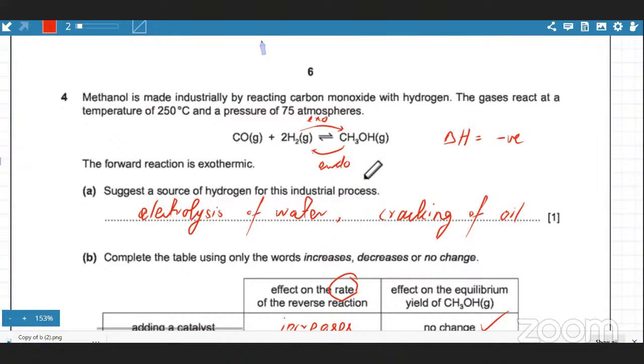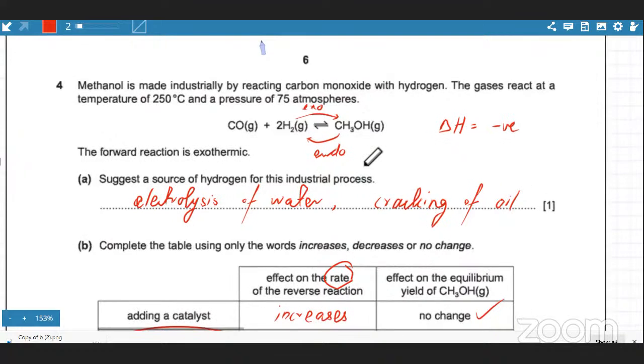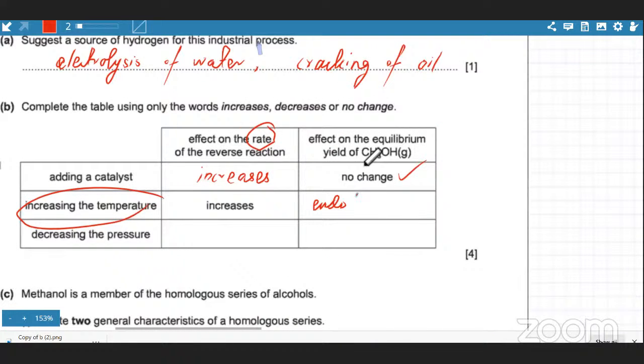That indicates that increasing temperature, you're going to get more backward reaction. And if you're going to get more backward reaction, the amount of methanol that you have at equilibrium is going to be lesser. It's going to decrease. So backward reaction is favored. Hence, the amount of methanol decreases.